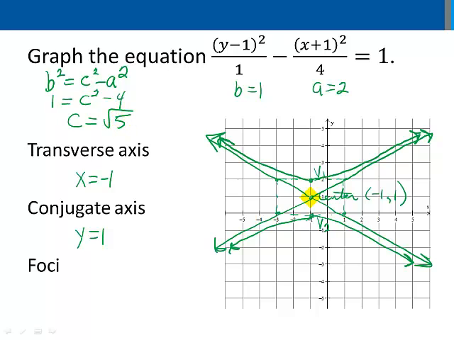From the center, to find the foci, I will go up square root of 5. So we'll have one focus at (negative 1, 1 plus square root of 5), and another focus down from the center, square root of 5, will be at (negative 1, 1 minus square root of 5).